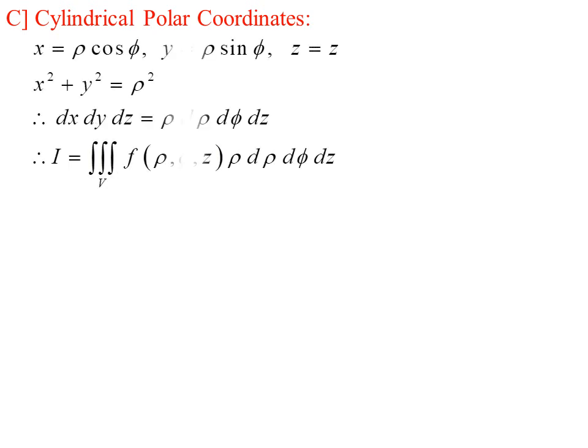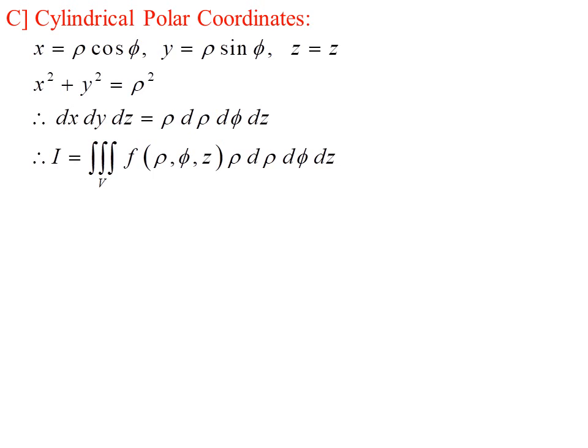To move further, now let us see the cylindrical polar coordinates. As we have already seen the cylindrical polar system, in a similar way the transformations here we need to use. x is equal to rho cos phi, y is equal to rho sin phi, and z is equal to z.